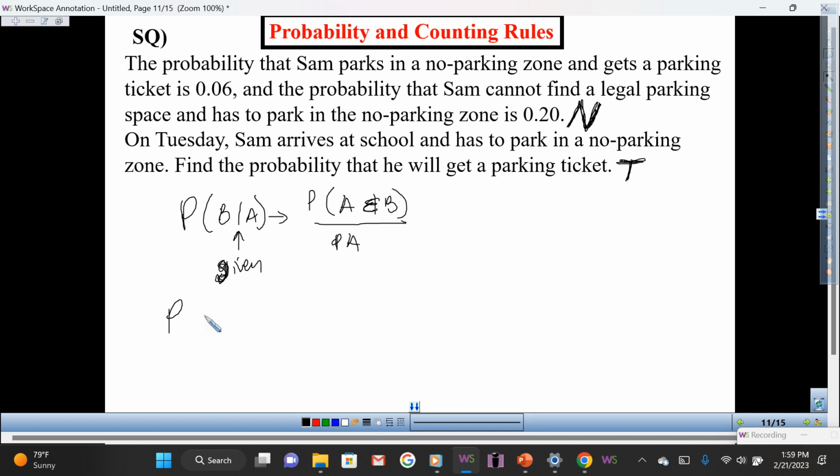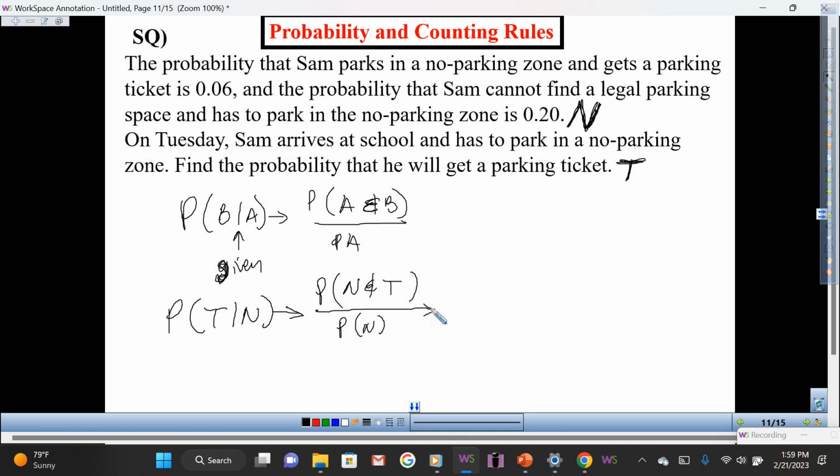P of T given N. That is correct. So what shall we write on top? N and T, yes. Which means the denominator is P of N, yes.